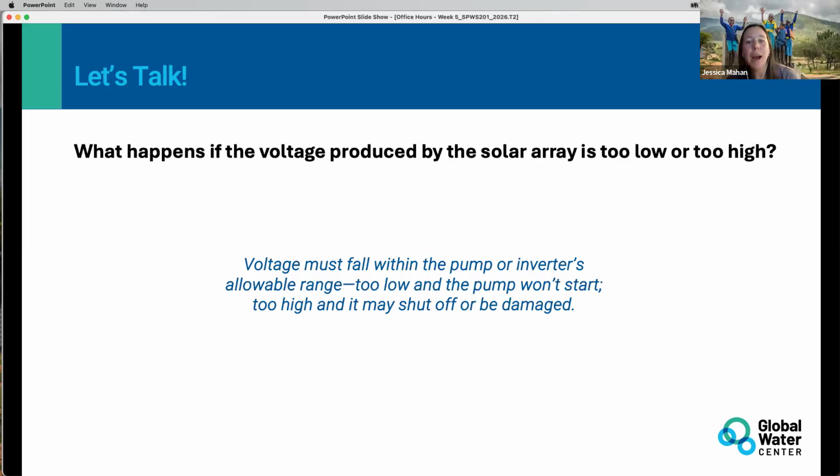If it's too high, the pump is likely going to turn off or even be damaged, depending on our protections of the system. So we really have to make sure that our solar array is designed to be within the range of the pump's limits.